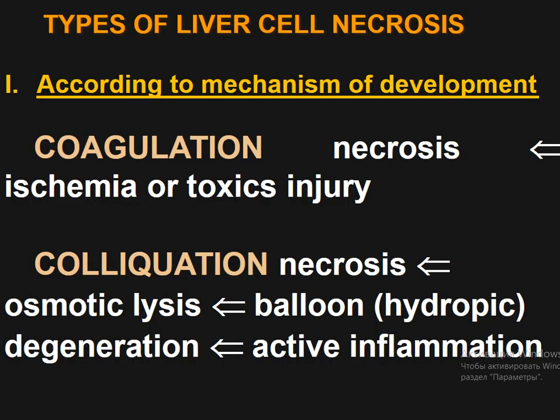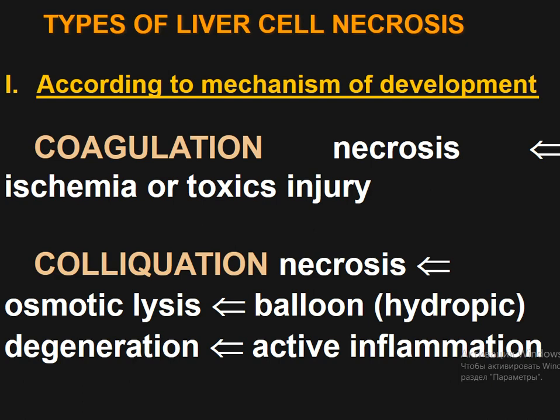So, types of liver cell necrosis. Honestly, according to mechanisms of development in the liver, we can find typical necrosis like in other tissues, for example coagulative necrosis and colliquative necrosis.